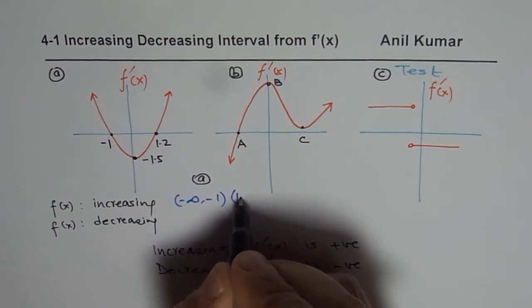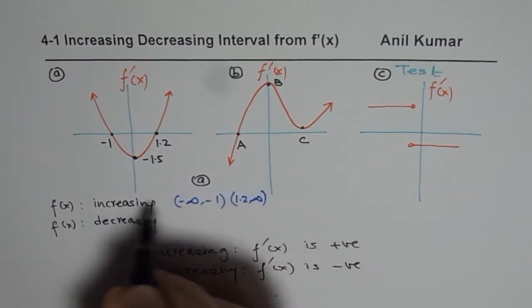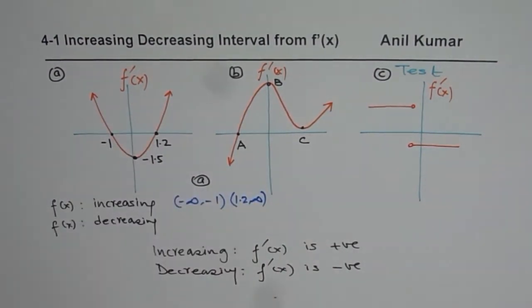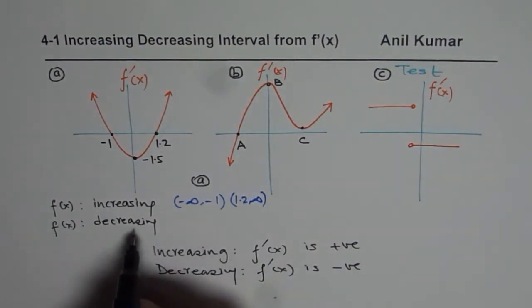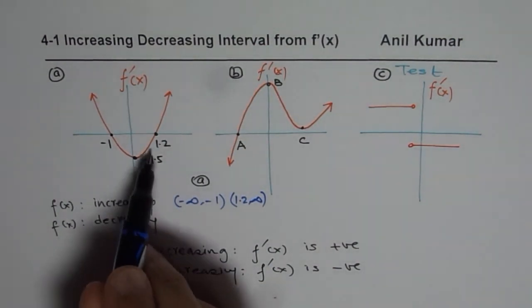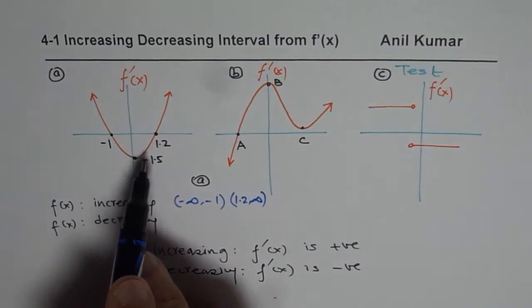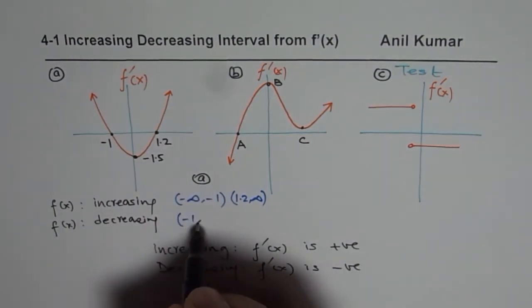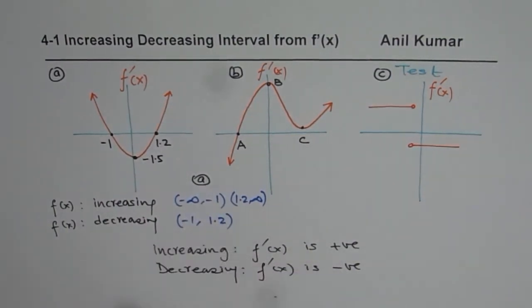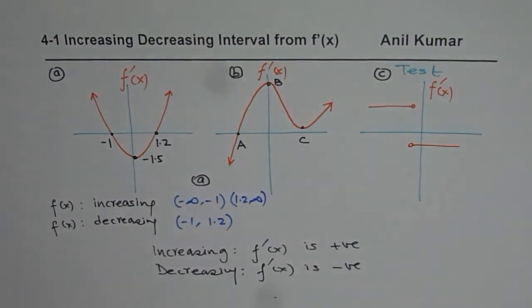So you can say 1.2 to infinity. So that becomes the increasing interval for the first function. The decreasing interval is when the function's derivative is negative. That is from -1 to 1.2. You get the point, right? So that is how you have to write down your answer.